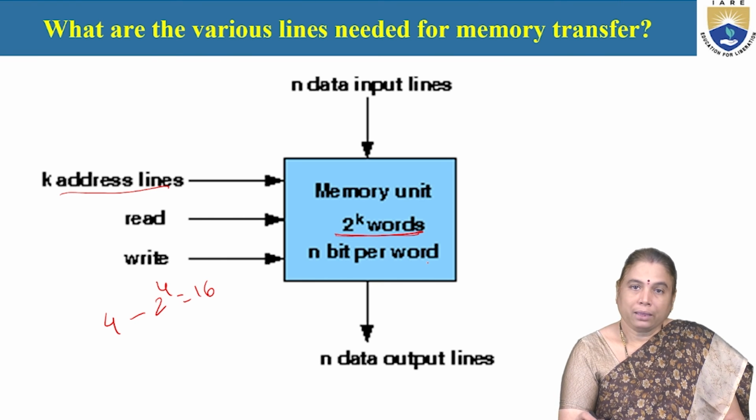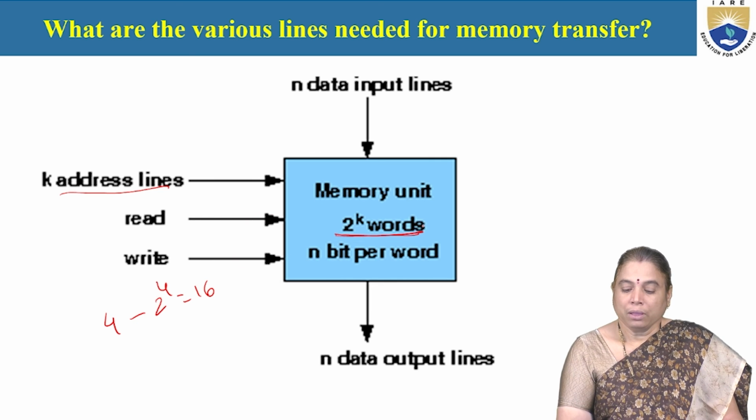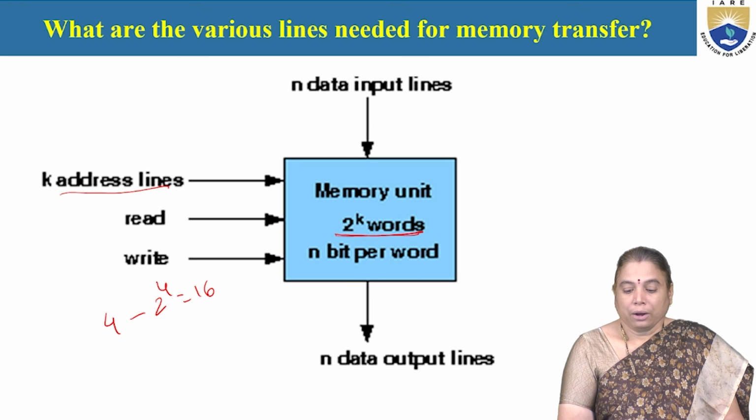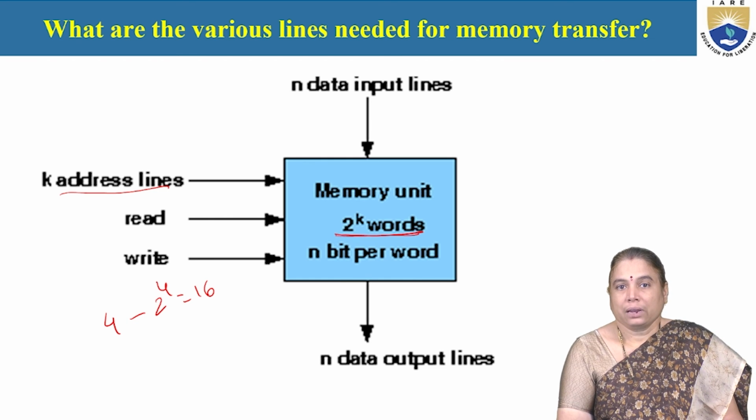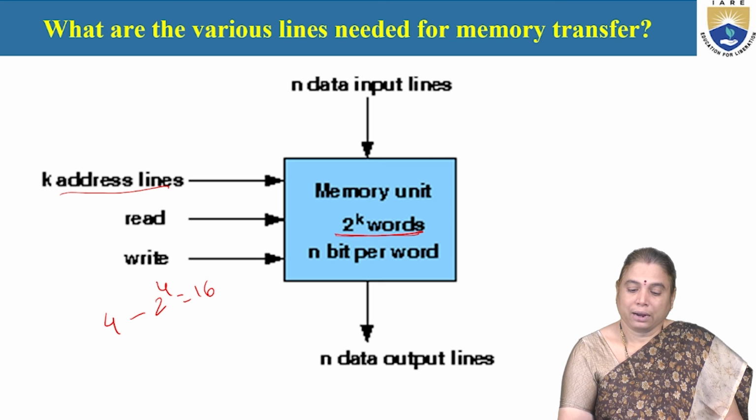In the memory, generally 2 operations are performed, so the read and write lines are given as input of the memory unit. Not only that, the collection of bits is generally referred to in the memory with the help of words. How many bits are collected per word is decided by the n data input lines.